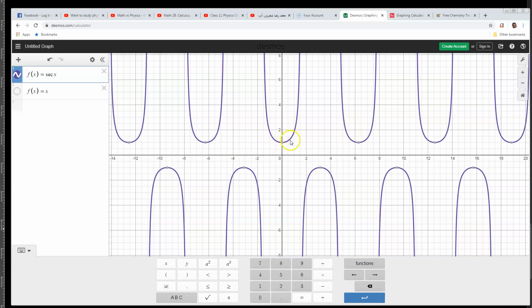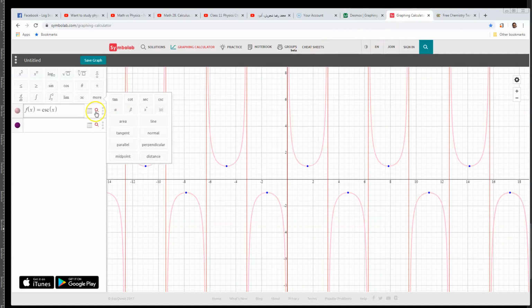You can even consider values, for example, from 0 to pi by 2. That you can do as well, meaning that there is an asymptote over here.